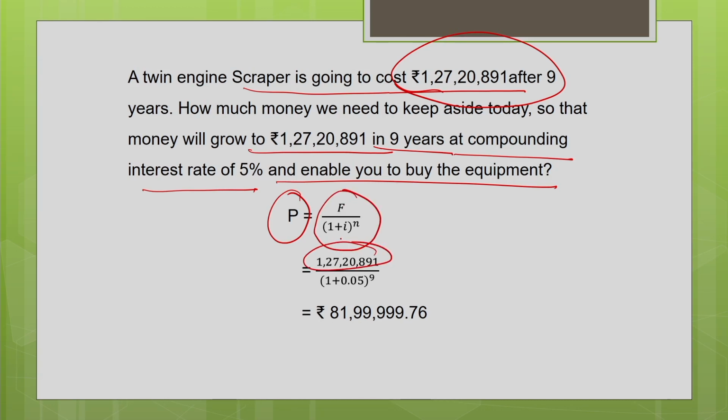The future value is known, the compounding interest is 5%, the number of years is 9, so you can calculate. It means now I have to deposit an amount of 81 lakh 99,999 rupees 0.76 in the bank for 9 years at the interest rate of 5%, so that it will grow to 1 crore 27 lakhs 20,891 rupees, and at the end of the 9th year I will be able to buy this particular machine.